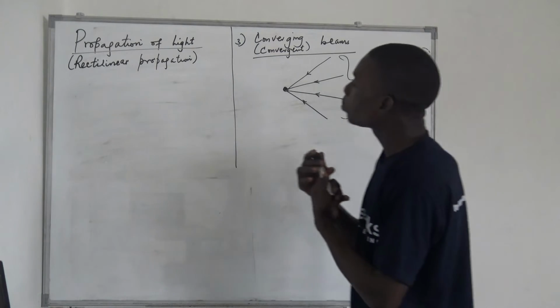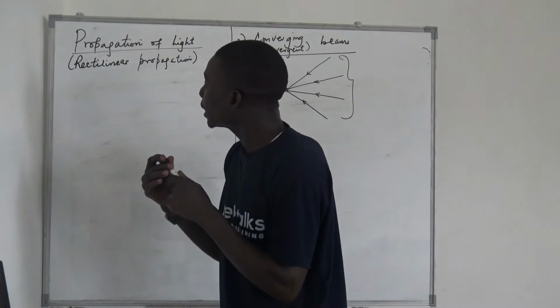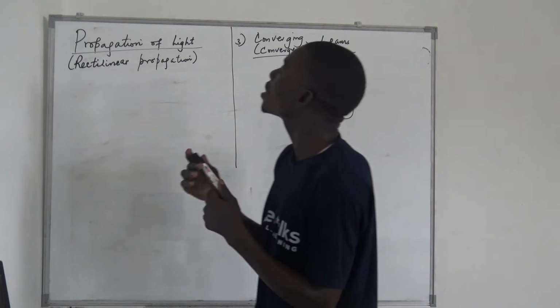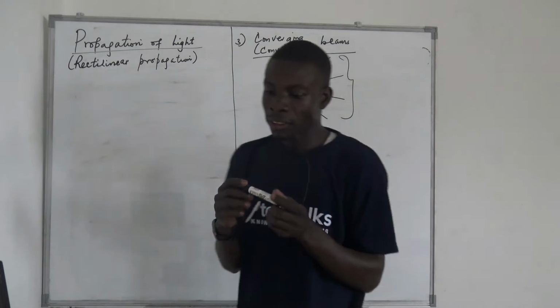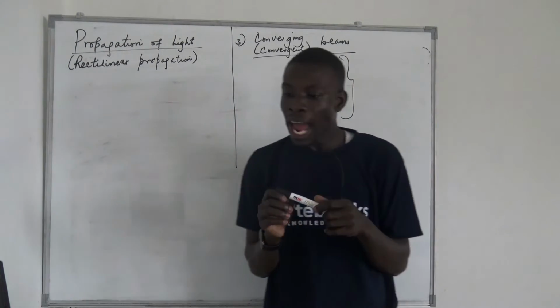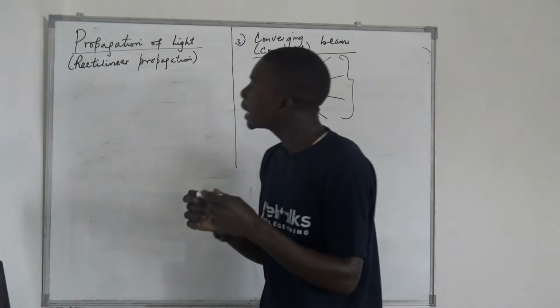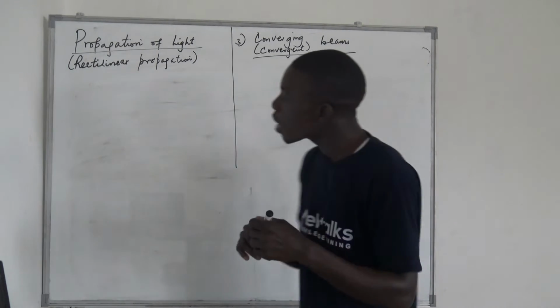It is the property that tells us that light travels in a straight line. It is the property of light which states that light travels in a straight line.